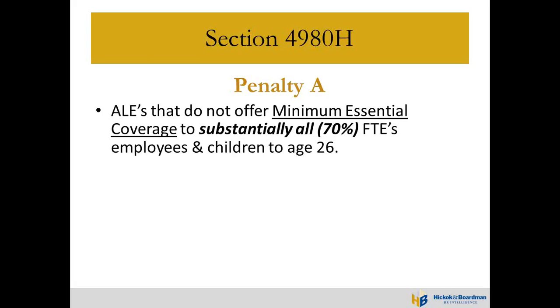You do not have to offer minimum essential coverage to spouses. Most of you probably do, and that's okay, but you do have to offer it to your employees that are considered full-time, and full-time is over 30 hours, and their children, their dependents, up to age 26.